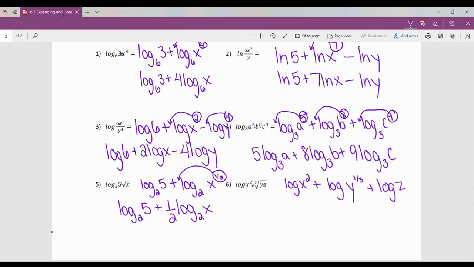But because the z is also under the root, then the z is also going to get the 1/3 because it's also the cube root of z. So power over root, 1/3. So we're going to take all of these exponents and relocate them down in front.